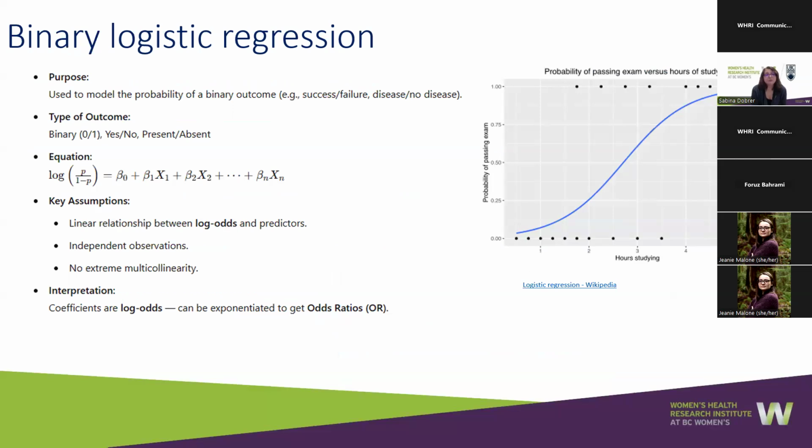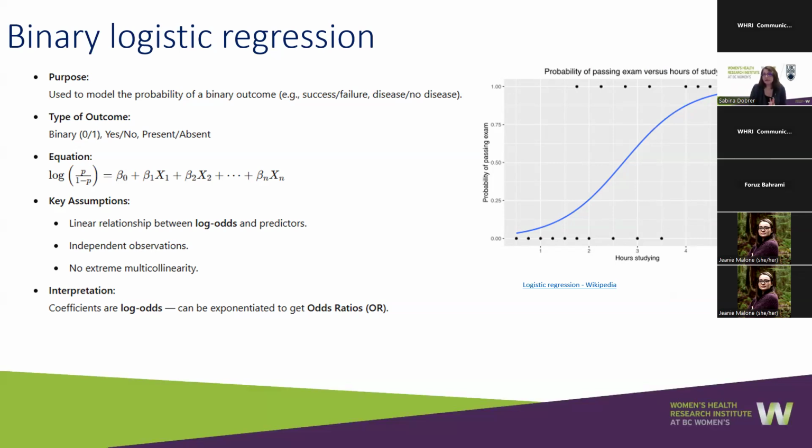So, binary logistic regression. I put the equation formula. Basically, P is the probability of success, or failure. For example, P is the probability of dying. That means the probability of staying alive or surviving will be 1 minus P. But if we take the log of the odds, the logit function of our probabilities, P divided by 1 minus P, it gives us the same formula as linear regression.